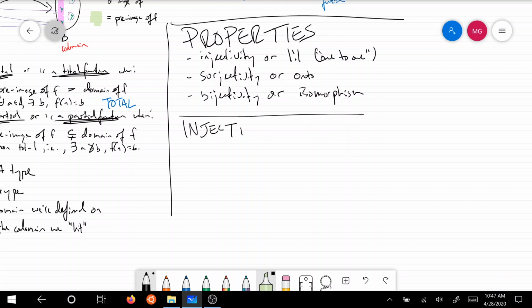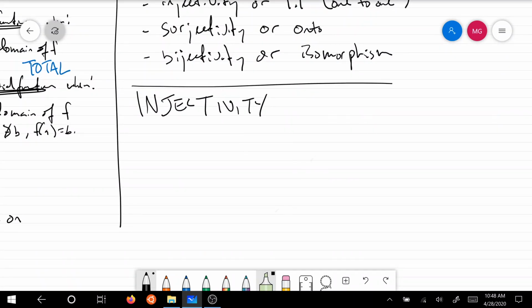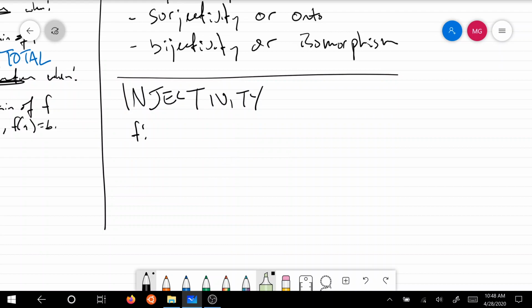Injectivity. Okay, we have a function. All of these we're going to talk for the most part about total functions here, just to keep things simple.